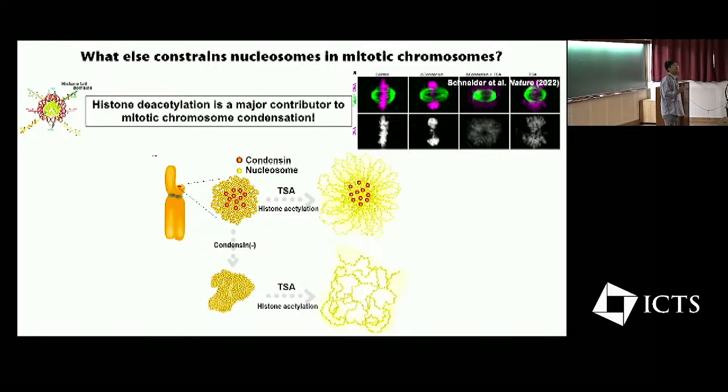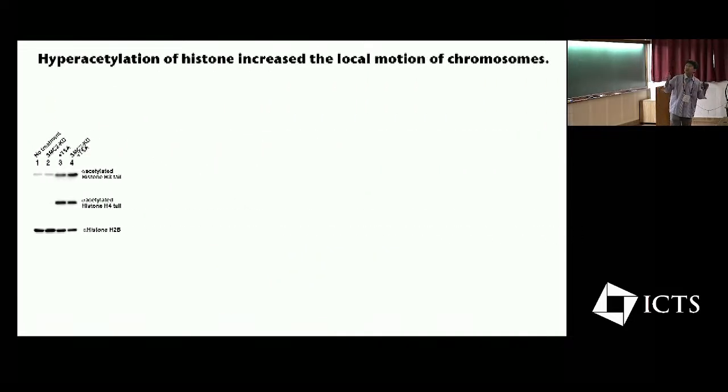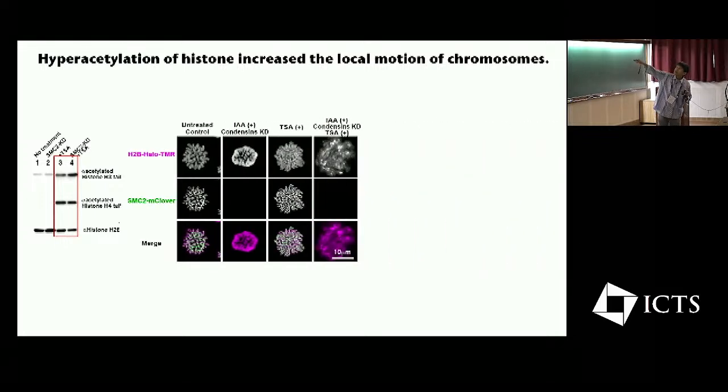We did a similar experiment: we synchronized the cells in G2 and treated them with the HDAC inhibitor and condensin depletion. TSA treatment induced hyperacetylation of histone H3 and H4 tails, and slightly decondensed chromosomes like this.